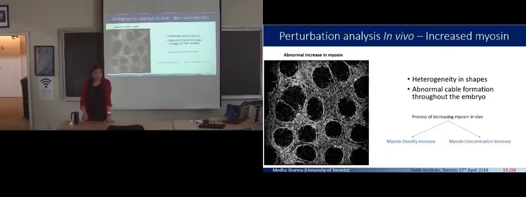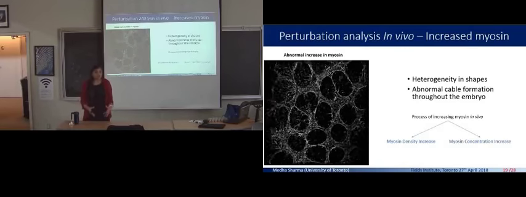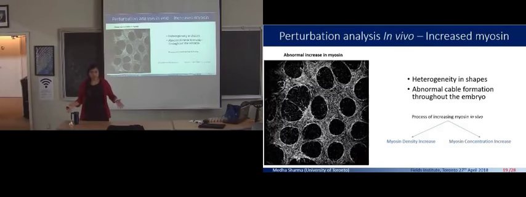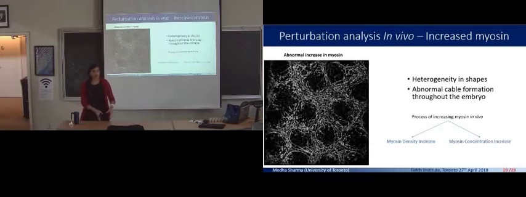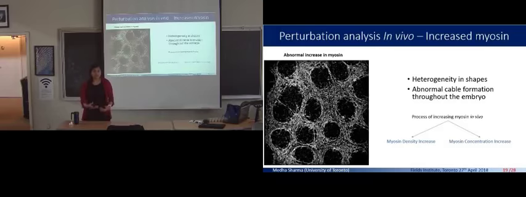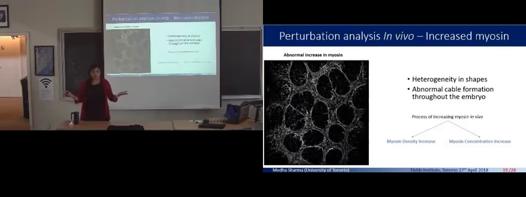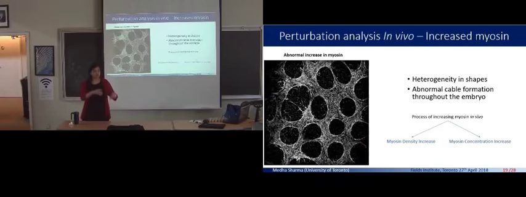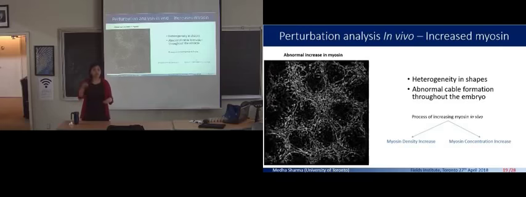You cannot do all the perturbations you want. When you do a perturbation, you may change 2 to 3 things at the same time. So it's not like in a model, where I decide to change only density and keep the concentration the same. No, when you really make the system make more myosin, it will make more myosin in the form of more nodes as well as in the form of more concentration per node.